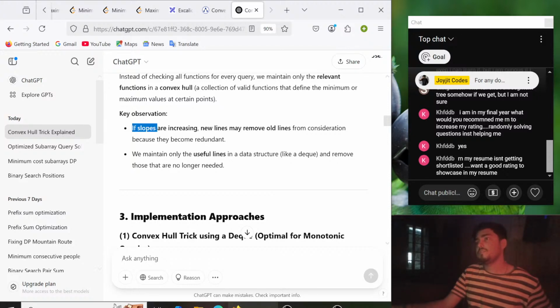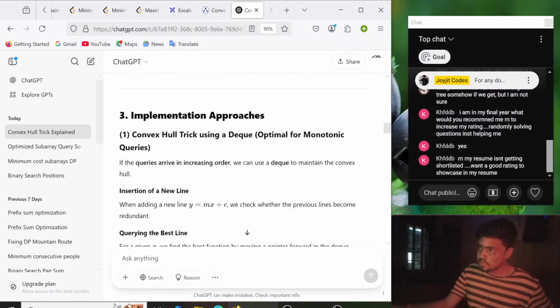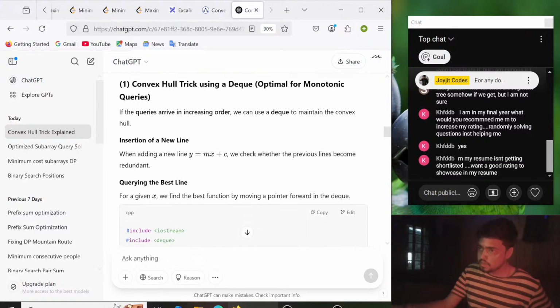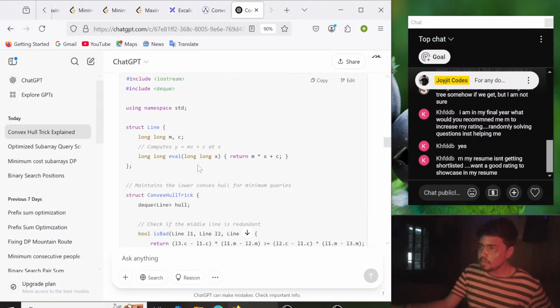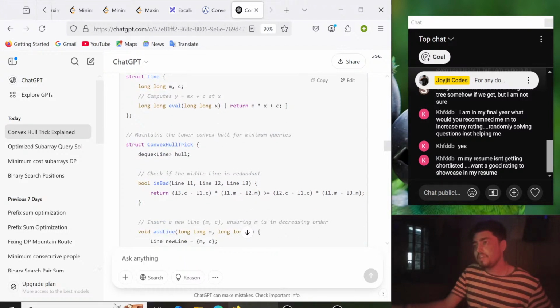Okay, if slopes are increasing, new lines may remove old lines, so we maintain only the useful lines. Okay, so this is it. The structure of a line is this, and then I'm having a deque and returning L3 of c minus L1 of c.